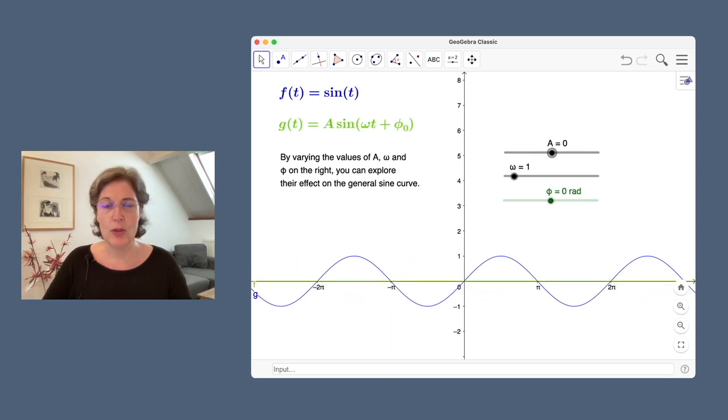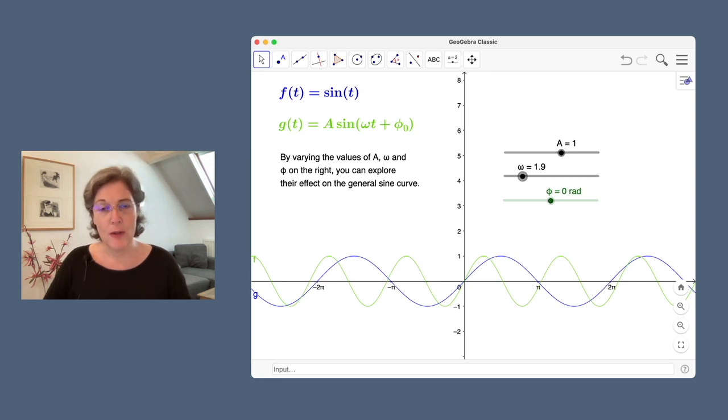Okay, so let's put our amplitude back to 1 and see what omega does. So this is called our angular frequency, and it's usually denoted with an omega, which is a Greek letter. And when omega is equal to 1, our two graphs are the same. But now let's see what happens as we increase omega. So you'll notice that I'm now getting more oscillations of my green function over a period of 2 pi than with the original blue function.